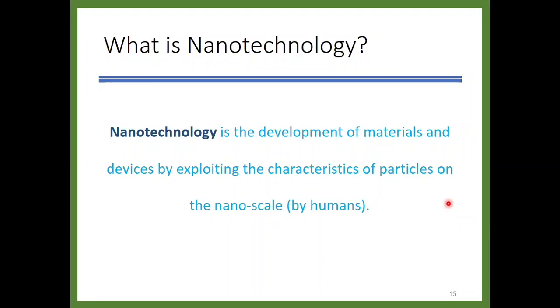And we try to make use of that property in an actual device or actual artifact that we are using, by using those characteristics of a material that is in nanoscale. So if we try to use those properties and make some devices work, that is called nanotechnology, right?